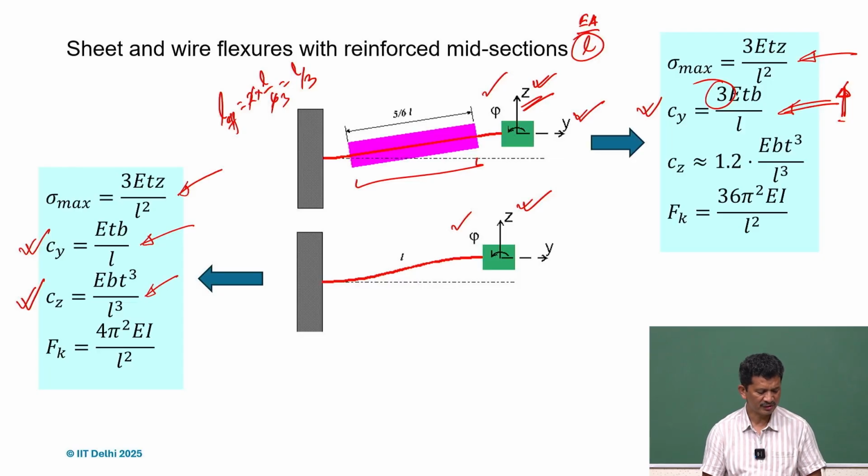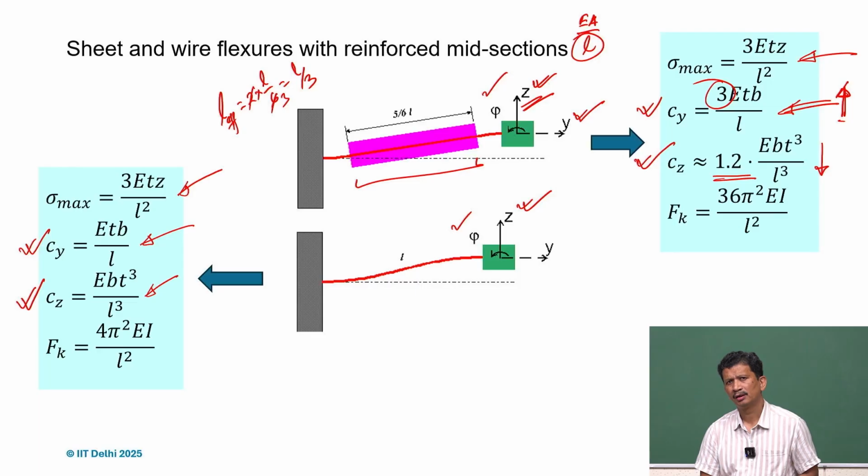If this is the case, then for no reinforcement, that's the stiffness in the z direction. When it's reinforced, it increases by 20%, it's 1.2. So, yes, lowered in the sense that compliance is lowered.